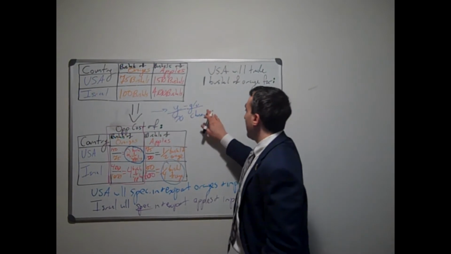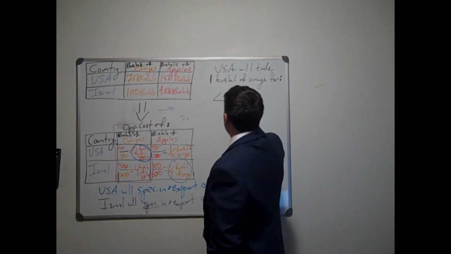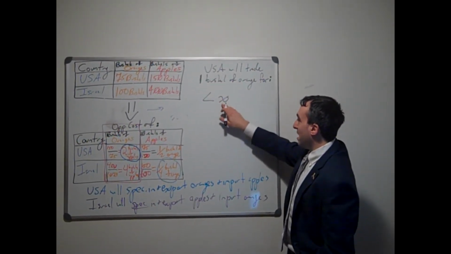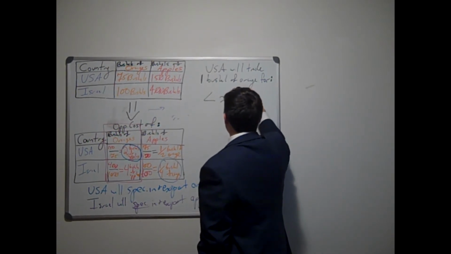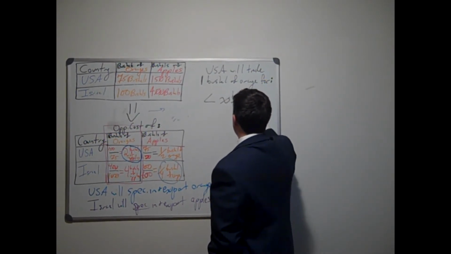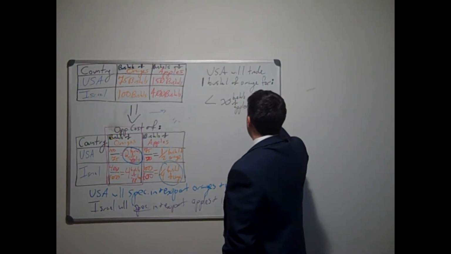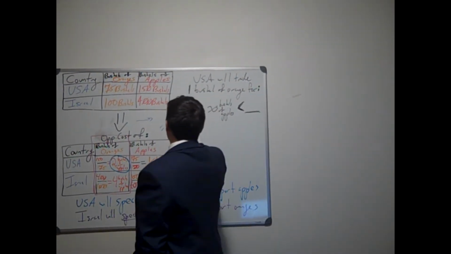So the inequality will be, X is going to be the number, the 1 bushel of orange for X bushels of apples. And it must be between 2 numbers.